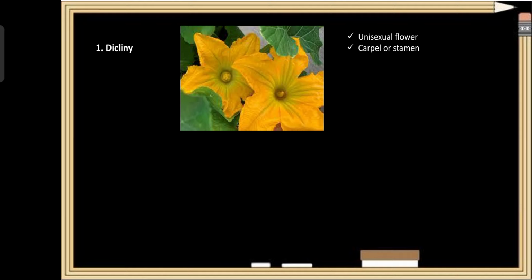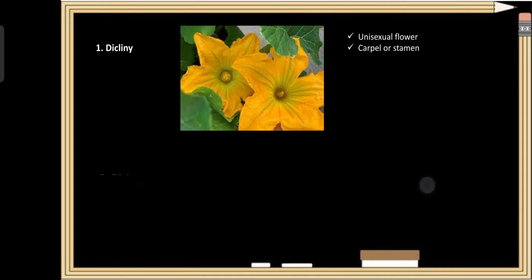Such flowers are said to be diclini. Such diclinous flowers always encourage cross-pollination. So what is diclini? Diclini means when the flowers are unisexual, that means when they have either carpel or stamen, they are said to be diclini. Such diclinous flowers always encourage cross-pollination. The best example is the cucumber flower and the papaya flower.